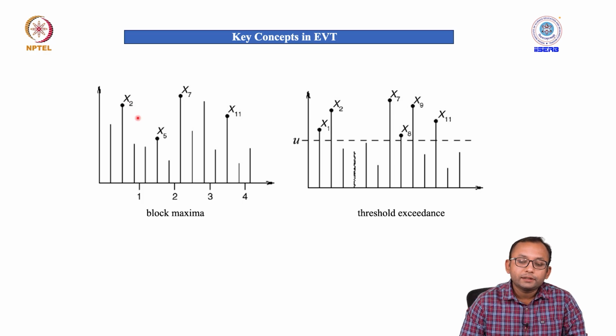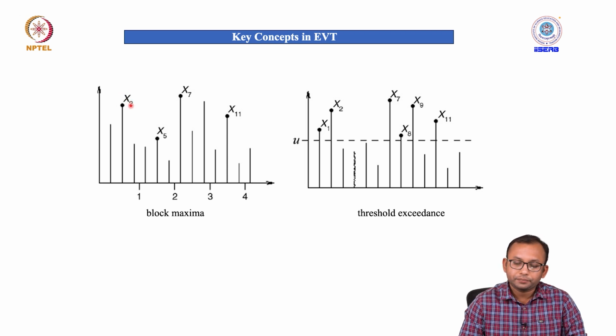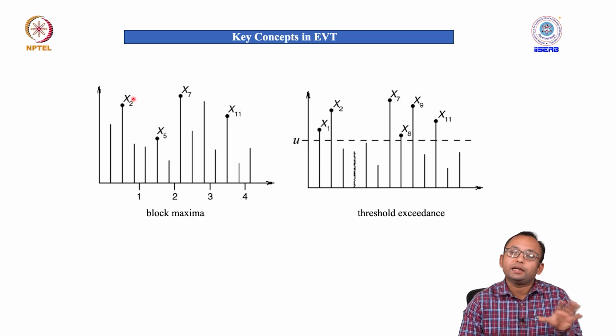Why do we do this? To ensure that these maximum values are not dependent on neighboring events, which means that when we take these events separately, we assume that process-wise these events are independent.